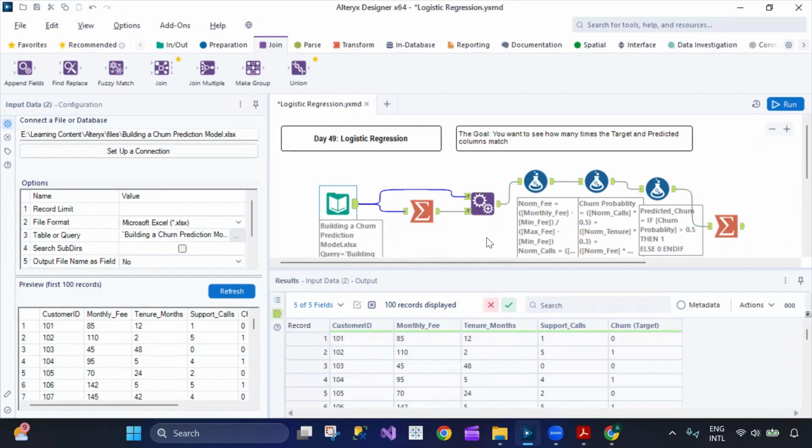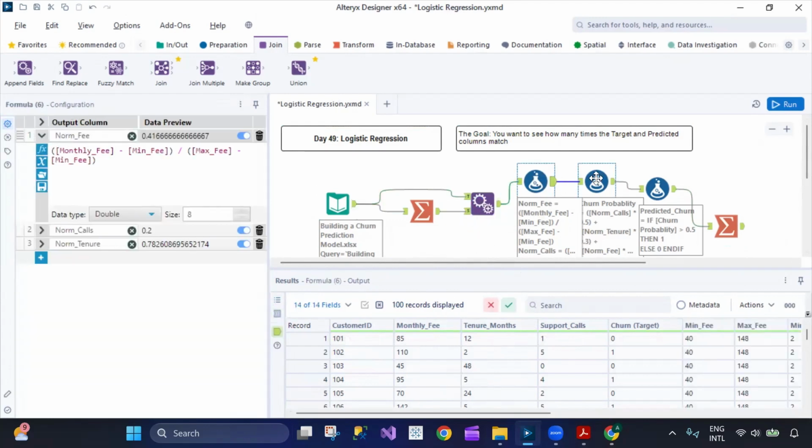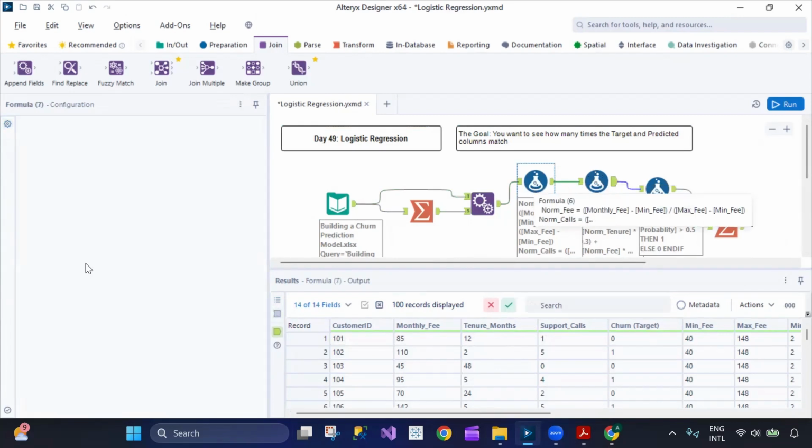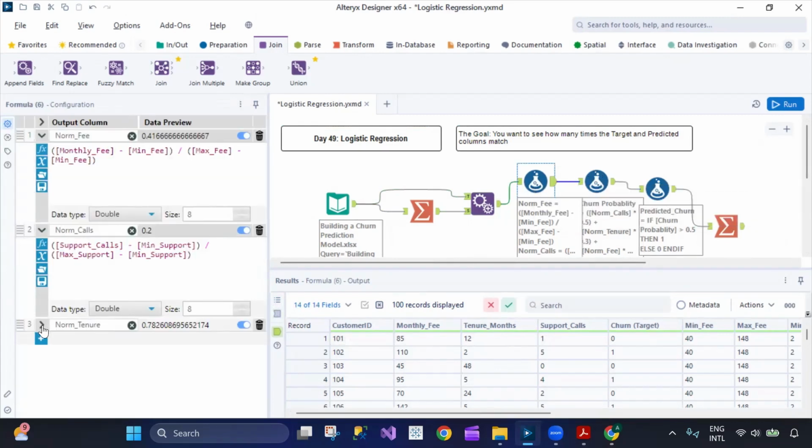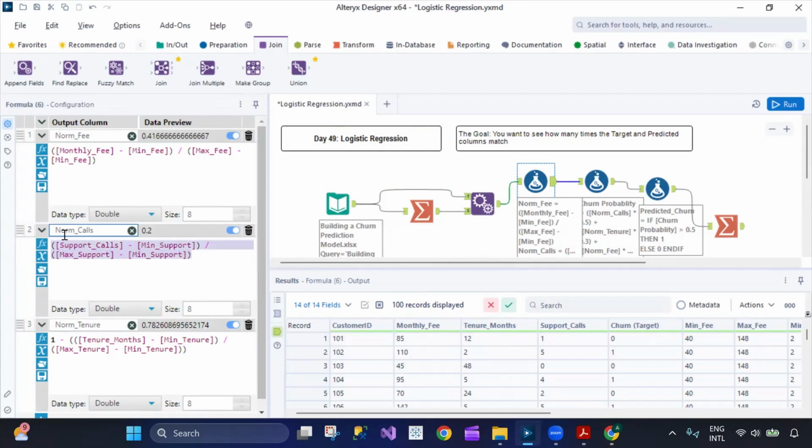But yes, this is how we can achieve it. And these are basic mathematical approaches, not complex. I'm not doing anything complex here, it's just a minimum, maximum I'm calculating. And for the normal tenure, I'm calculating 1 minus the tenure months, then subtracting the minimum tenure, and then dividing by the maximum tenure minus minimum tenure.